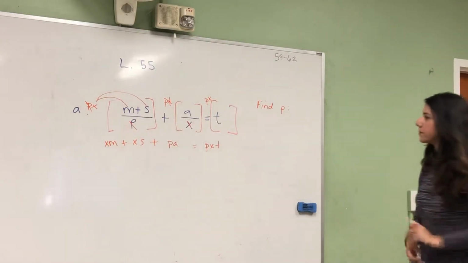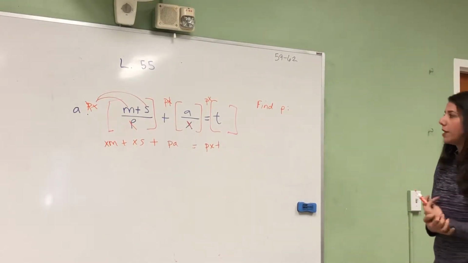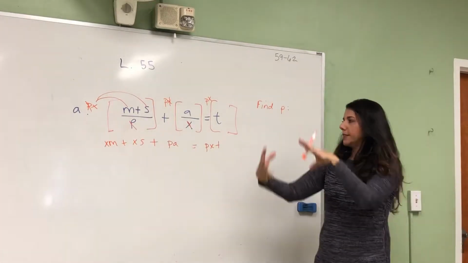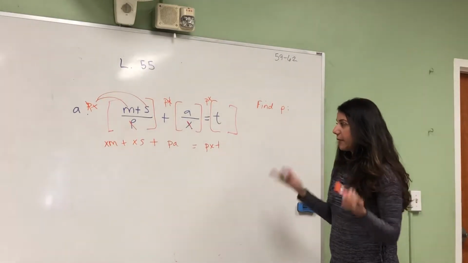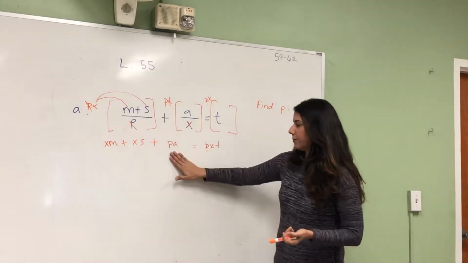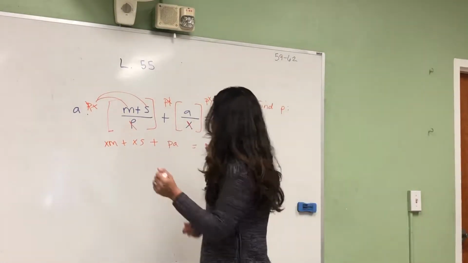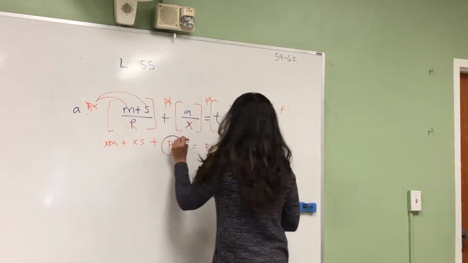That's right. So what does that mean? If we want to solve for P, we want to get all of the P's on one side. We've got one here and one here, and then all this stuff. So we can move this PA to the other side.